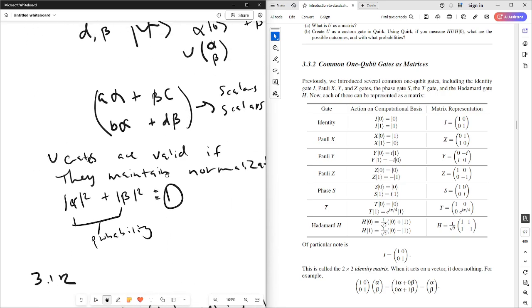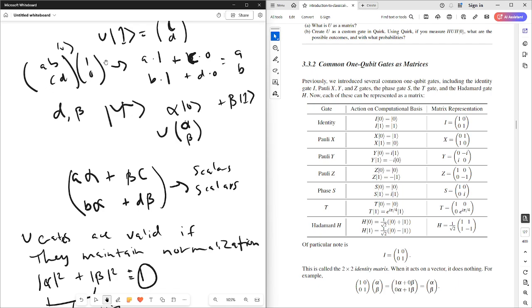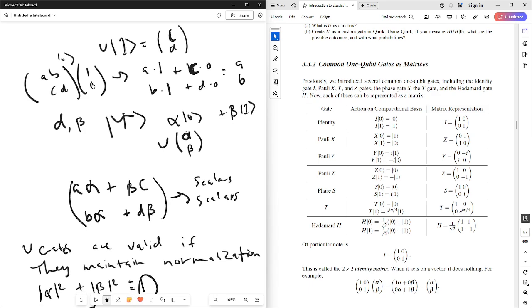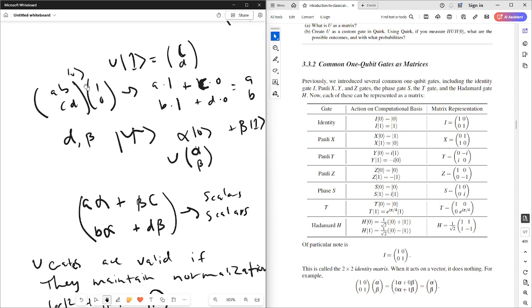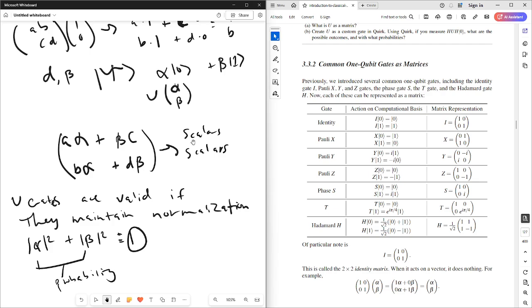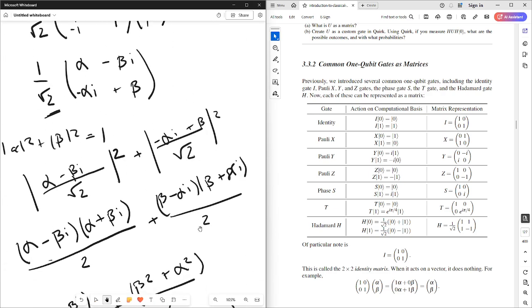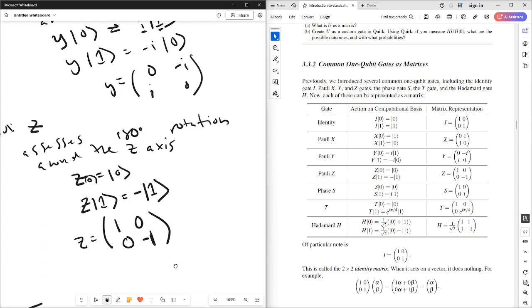Let's say we have this A, B, C, and D, and we're applying it to a superposition. Then essentially these are our amplitudes. They are going to get multiplied in, and we'll get 2 scalar results, which will represent the new amplitudes once that gate is applied. And so we'll see that when we get through these specific problems coming up.